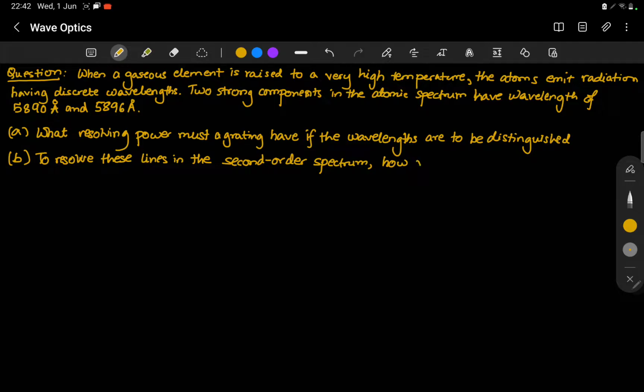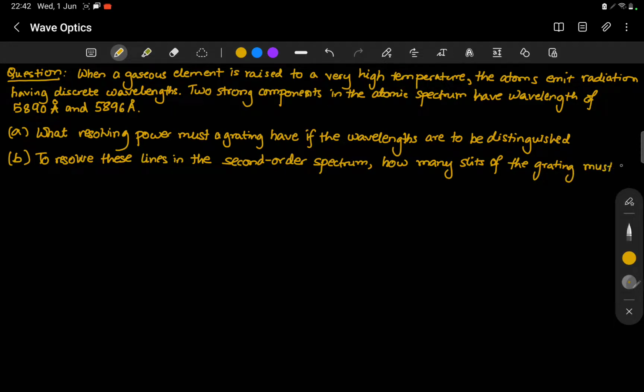How many slits of the grating must be illuminated? So this is a question in which we have two closely spaced wavelengths, 5890 angstroms and 5896 angstroms, and we want to use a grating in order to resolve these wavelengths.